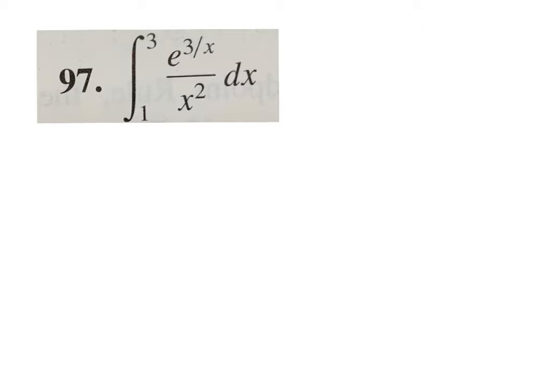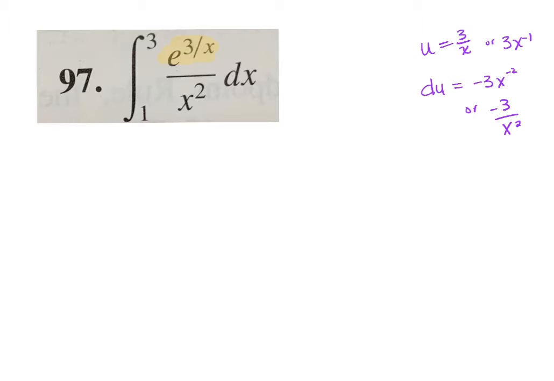So for this one, if the function that I'm looking at is my e to the 3 over x, if I were to do u substitution here, I would say my u would be 3 over x. Rewrite that as 3x to the -1. So du is going to be -3x to the -2, or -3 over x squared.